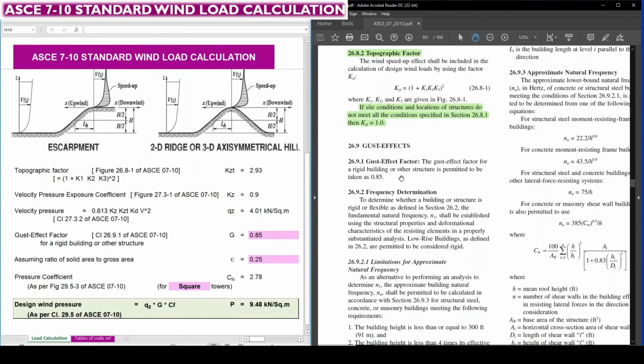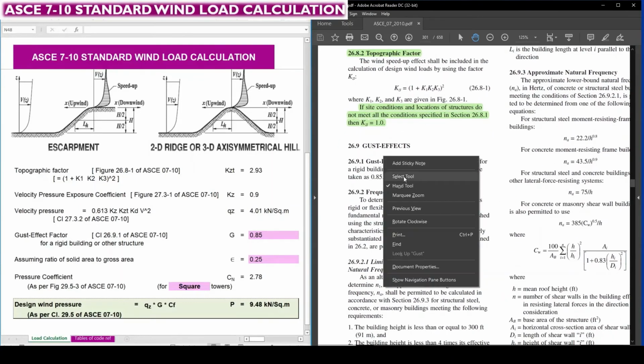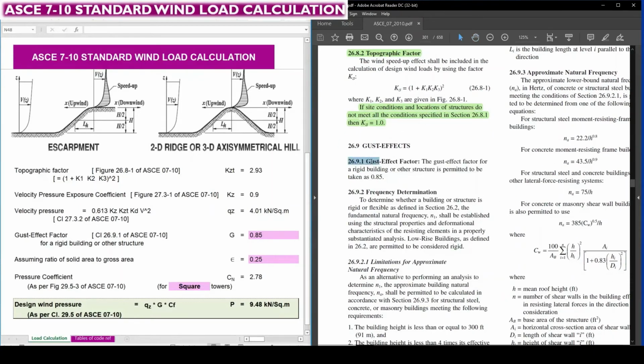So here you can see Gust effect factor in clause 26.9.1. The Gust factor for a rigid building or other structure is permitted to be taken as 0.85. So we can consider directly that 0.85 here.